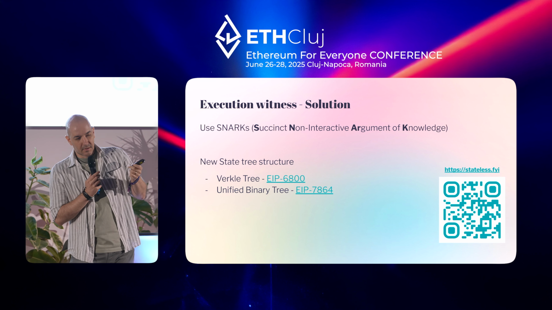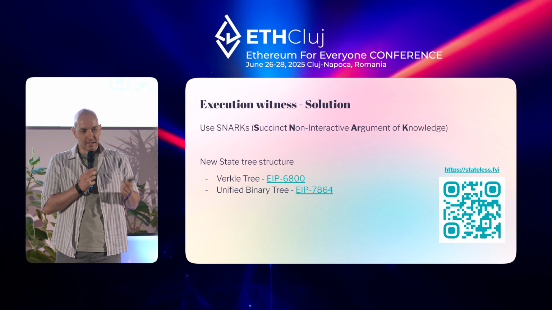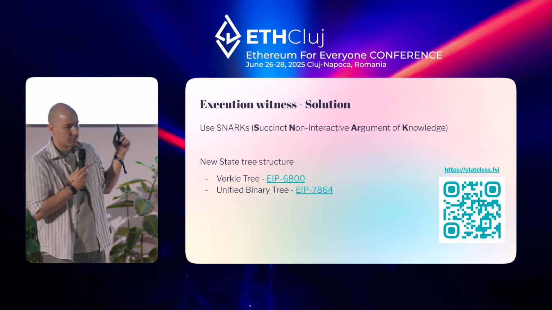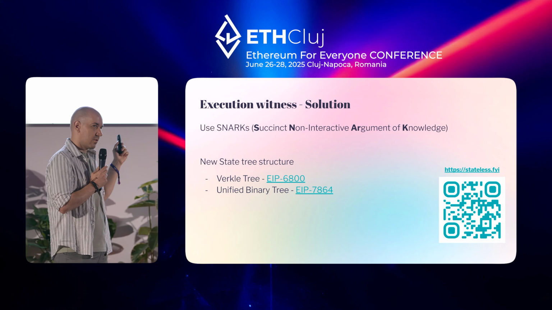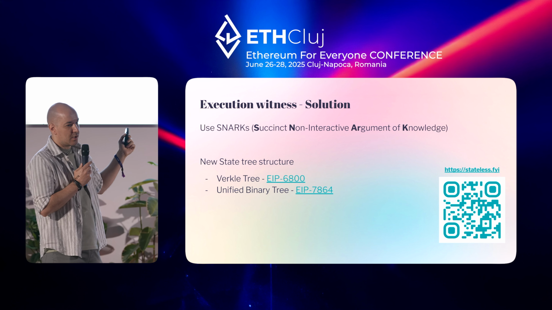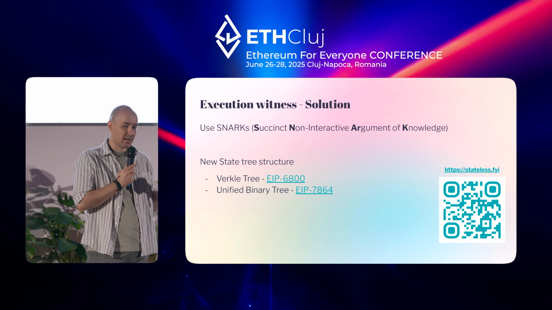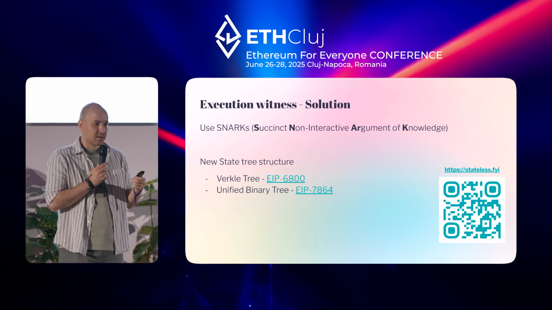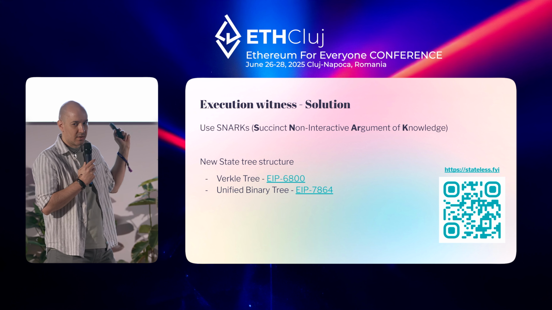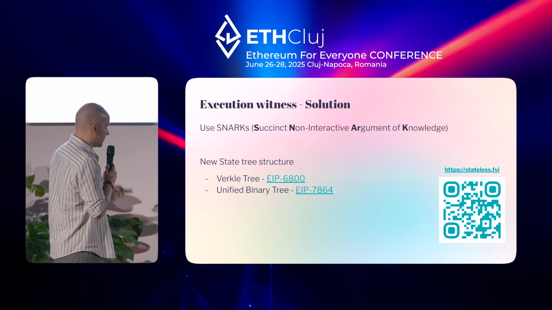And now there is a question whether we want to do it and then do another transition of the state tree later on that is quantum secure, or should we maybe try to go directly to unified binary tree, which will be made quantum secure from the beginning, but less research has been done into it. Considering the latest advancement in quantum computing and in cryptography that is probably quantum secure, there is now discussion about which of these two approaches to take when we decide to implement this.